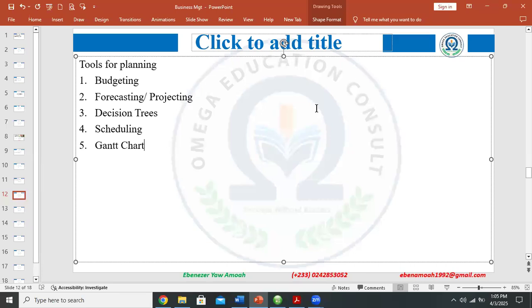Okay, so we have a lot of planning tools. I don't want to add lots of plenty things you are not familiar with. So for now, let's stick to the 5. But I've mentioned flow charts. We even have some software specifically designed to assist management in planning.